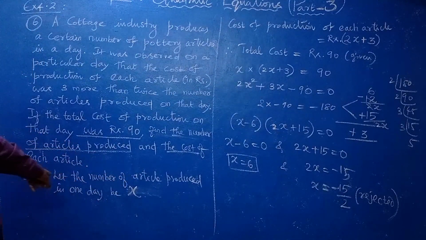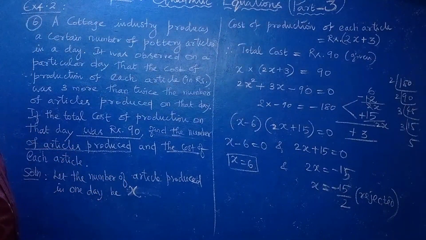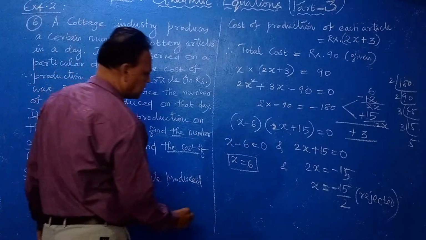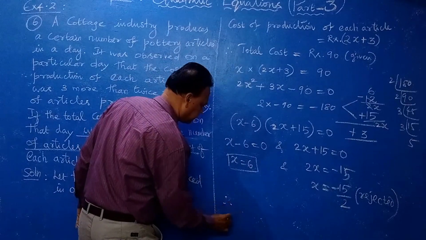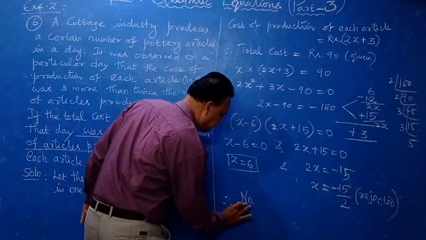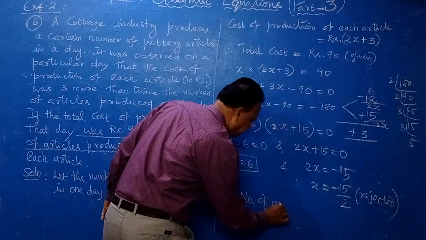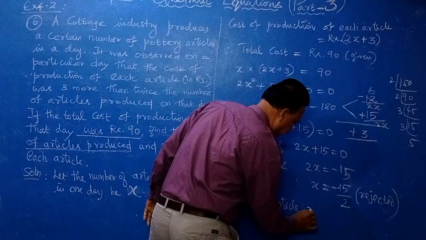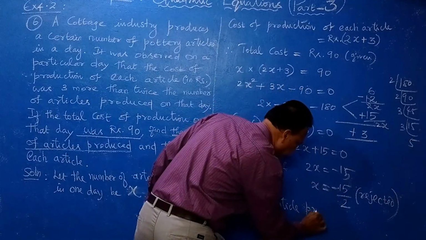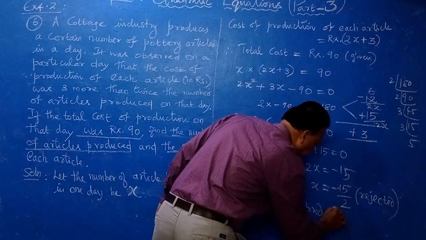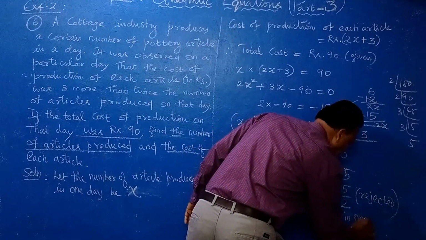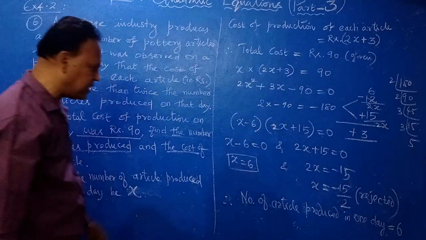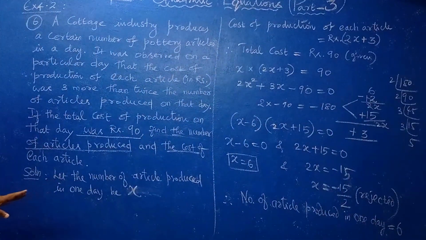Therefore x is 6, so the number of articles produced in one day is 6. Number means 6, you should not write any unit. Clear?